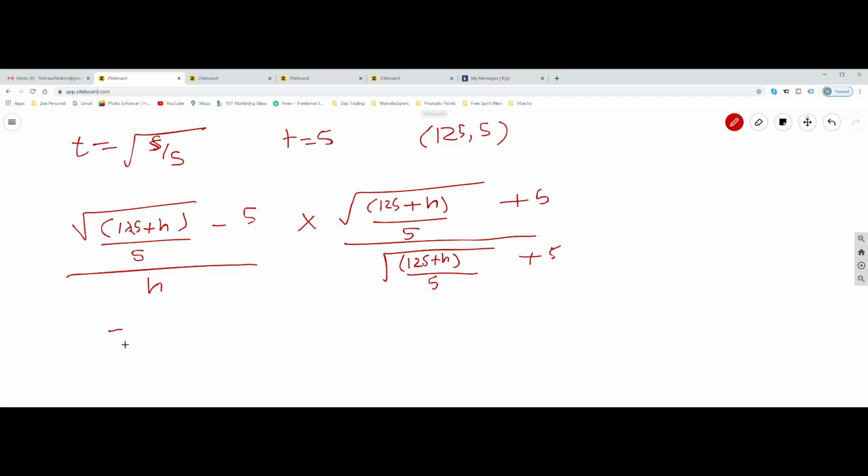So you're left with 125 plus h over 5 minus 25 over h, times the bracket square root 125 plus h over 5 plus 5.